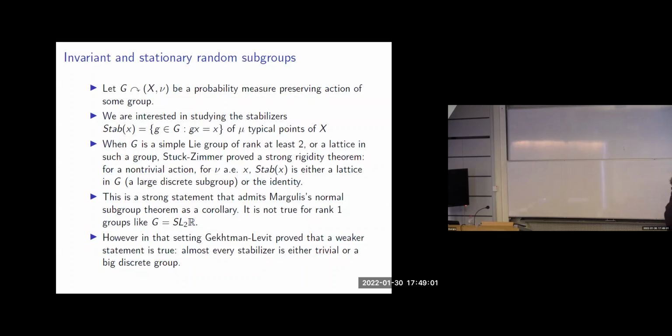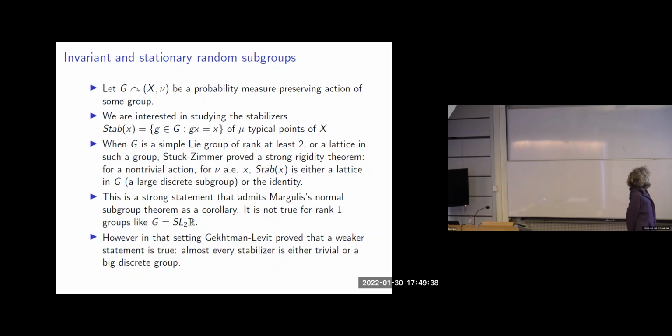Okay, so maybe in this generality, you imagine it's hard to say anything, but in fact, when G is a simple Lie group of rank at least 2, like SL_n(R) for n at least 3, or a lattice in such a group, which means that the quotient has finite Haar measure, Stuck and Zimmer proved a very strong rigidity theorem, which means the stabilizer is very small, the identity, or very big.